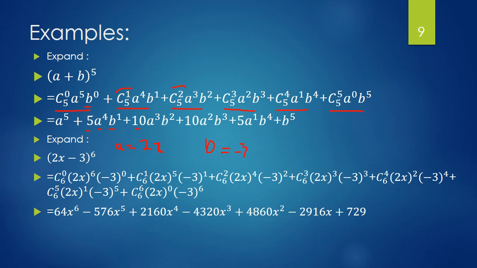So we get C(6,0) a^6 b^0, where a is 2x and b equals minus 3, and so on. The power of 2x decreases by 1. The power of minus 3 increases by 1.